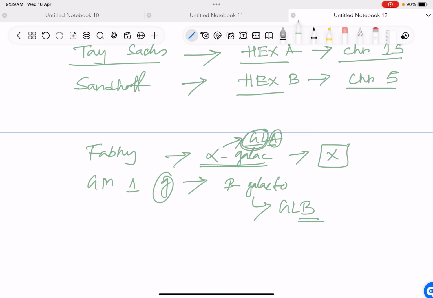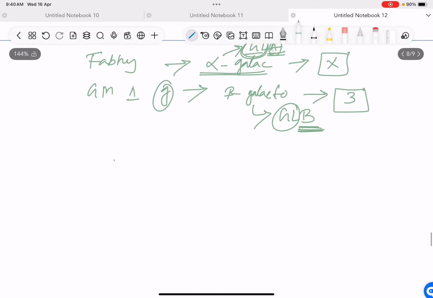GL means galactosidase. A for alpha, B for beta. So you can easily remember that Fabry is alpha, GM1 gangliosidosis is beta. So GLA, GLB, both are galactosidase deficiency. Obviously Fabry will be in chromosome X, and GM1 gangliosidosis is in chromosome 3.